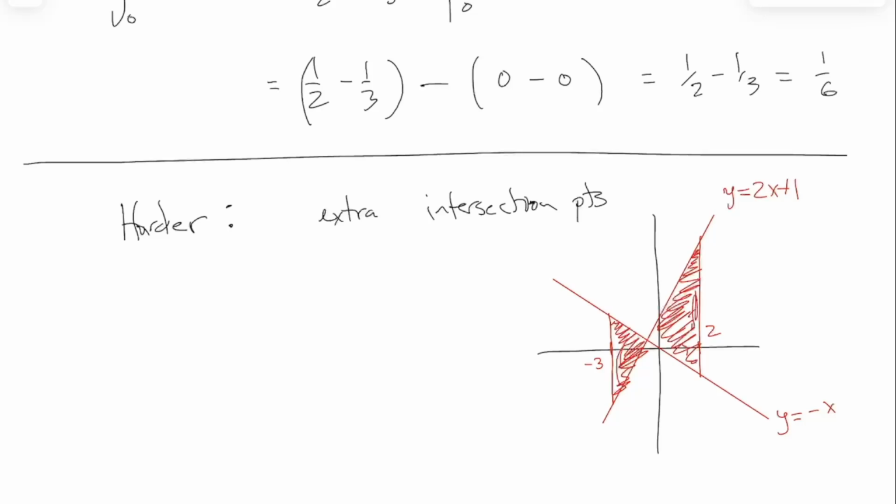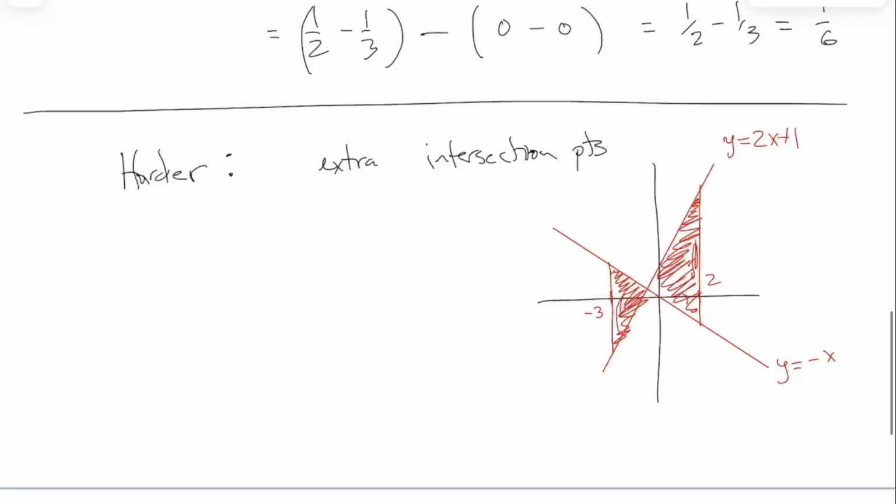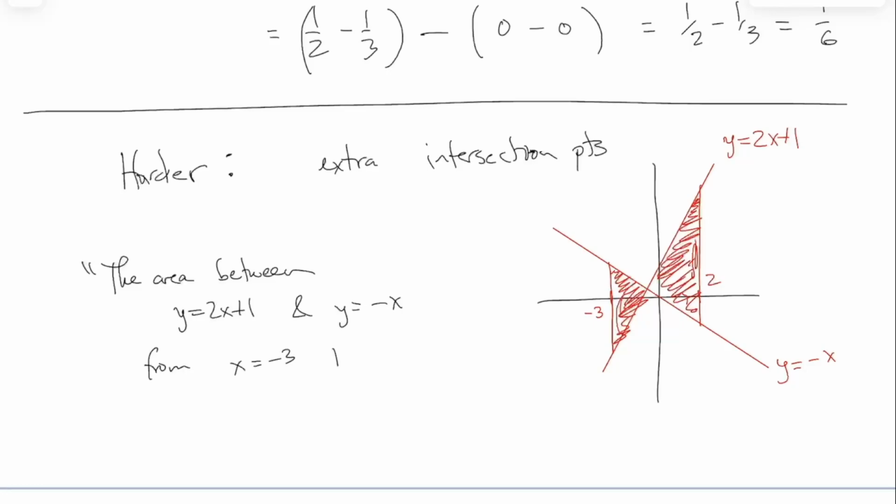If this were a homework problem, I might just show you the picture and say find the shaded area, or I might say this in words. I could say something like the area between y equals 2x plus 1 and y equals negative x from x equals minus 3 to x equals 2.